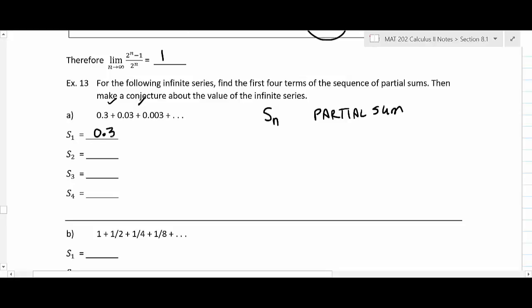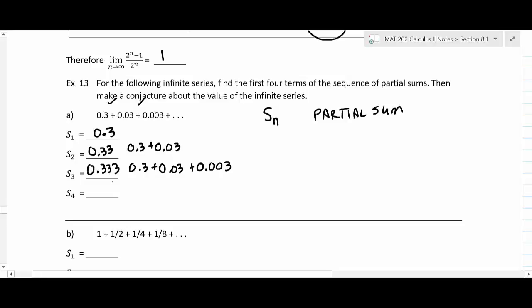Second term, we're just doing 0.3 plus 0.03, so that's 0.33. That just means you added up the first two terms in that series. Then S of 3 is going to mean 0.3 plus 0.03 plus 0.003. If you do that, you're going to get 0.333 and so forth.